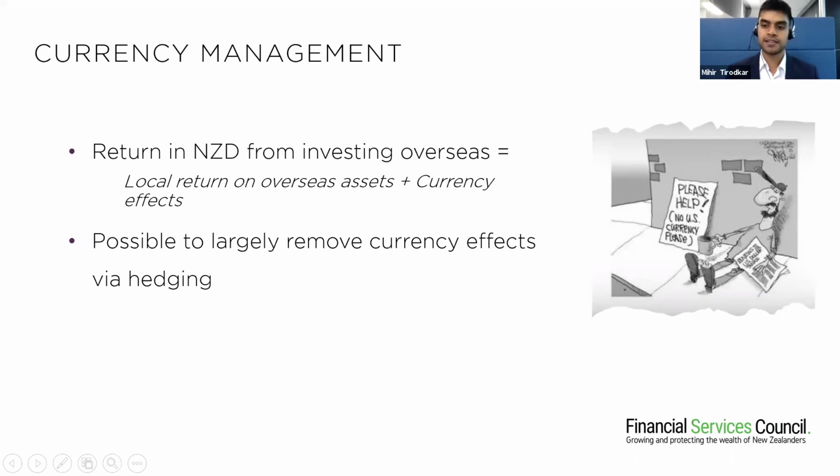These typically reflect the relative interest rates of the two countries, but we won't get into that because that can get complicated. It's possible to remove currency effects using a hedging contract, but at the same time, you may, depending on which country you are converting the currency from, lock in a lower exchange rate than the spot rate, or the rate that is currently in the market.